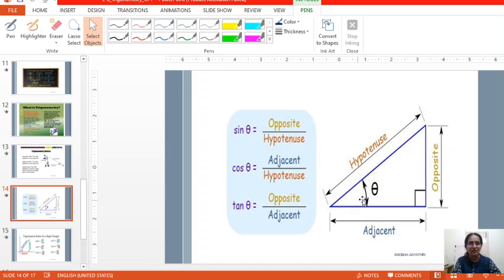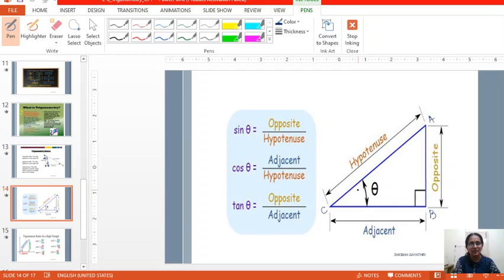Now sin theta, the angle we are considering is theta. Let me mark the triangle. When we are considering angle C here, it is denoted by theta.